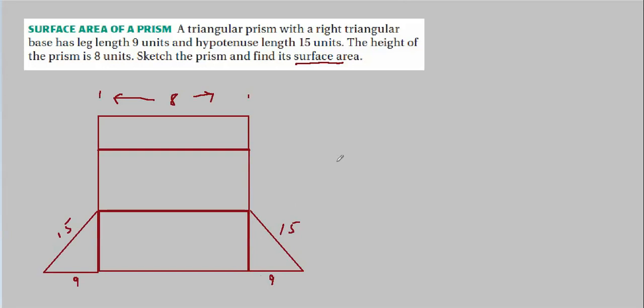That's just going to be 15 squared, which is, I guess, 225, minus 81. The square root of that would be this leg here. So we end up with the square root of 144, which we know is 12. So this leg here is 12.